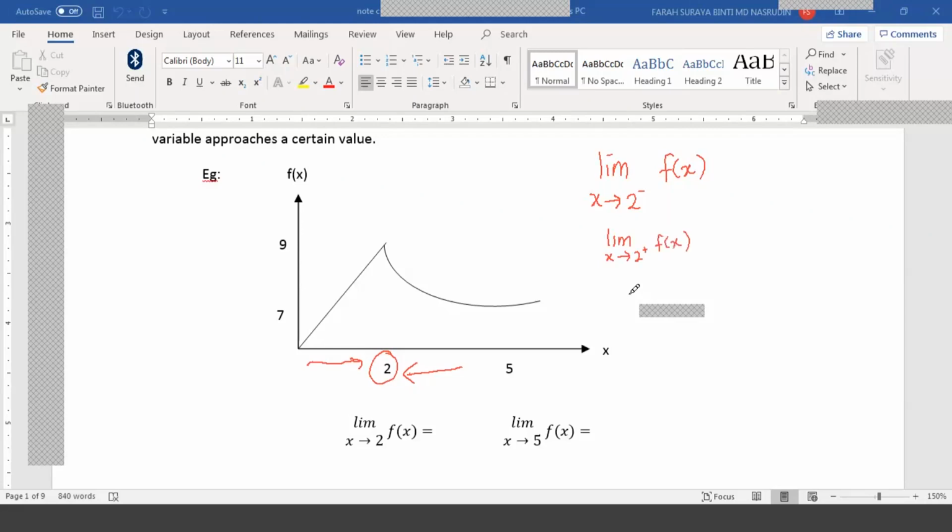Nampak tak perbezaan antara dua ni? Satu negatif, satu positif. Okay, kalau negatif, meaning that it approaches 2 from the left. And kalau positif, approach 2 from the right side. Barulah kita tulis equal berapa jawapan dia. Itu cara notation untuk tulis limit.